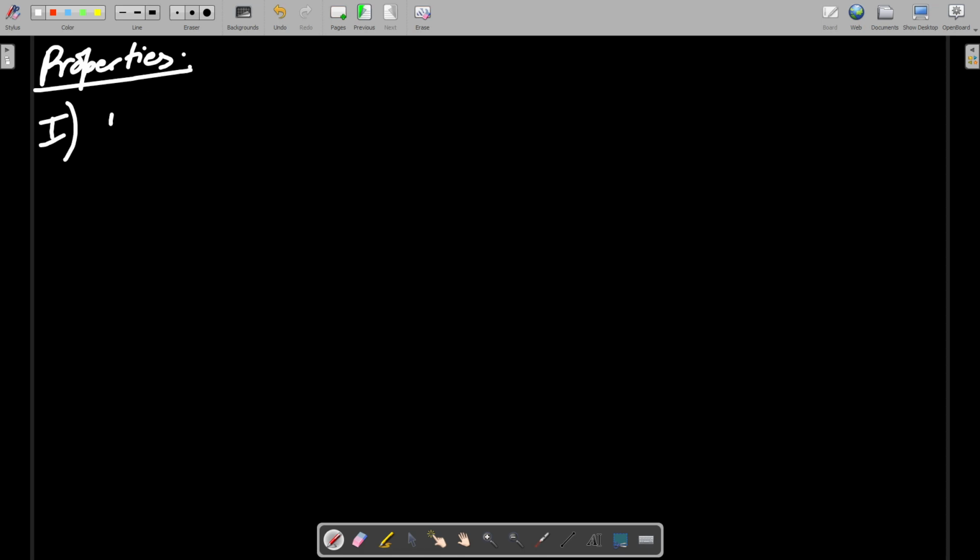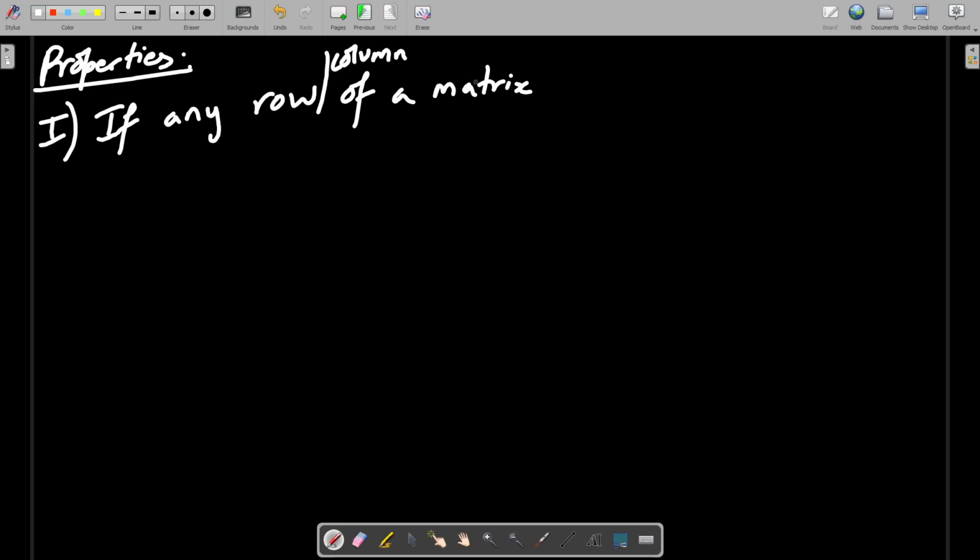First property: if any row or a column of a matrix is 0, then the determinant of A is equal to 0.